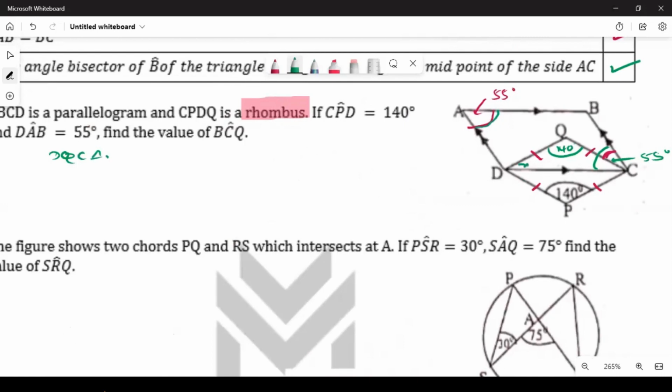If I take this angle as x, this angle is also equal to x. Why? DQ side is equal to QC side. I'm talking about this small angle. So 140 plus x will add up to 180. If you simplify, x is equal to 20, which means this angle is equal to 20.